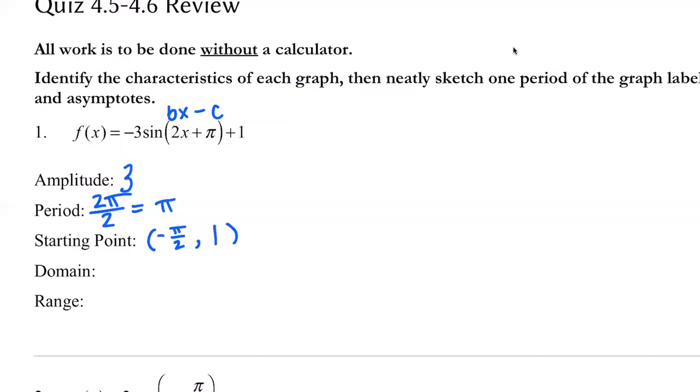Now I'm going to go ahead and draw our frame. Remember, our starting point is where our frame begins.